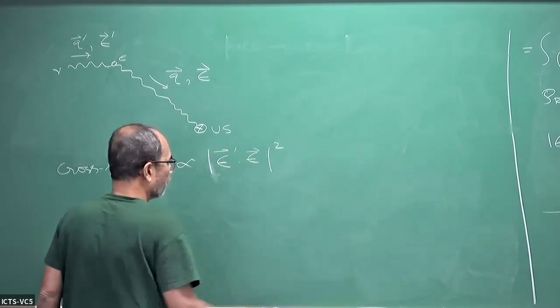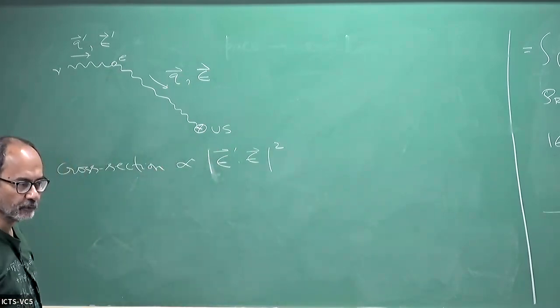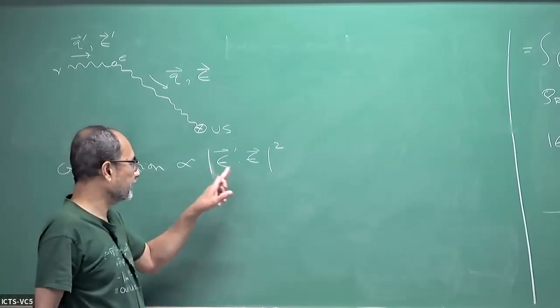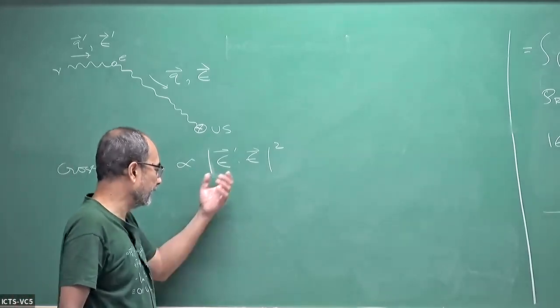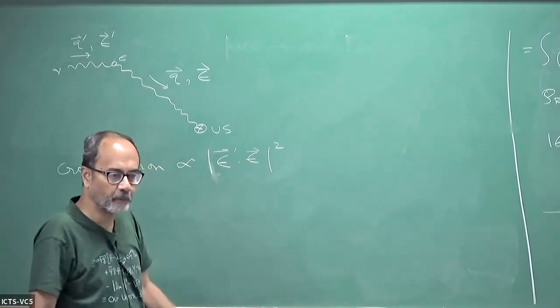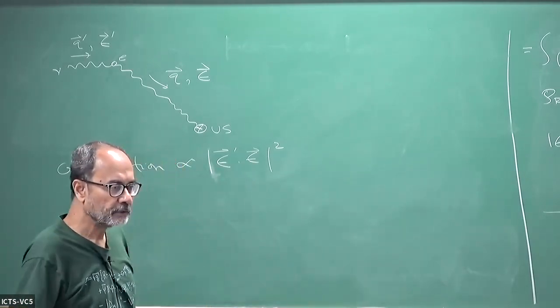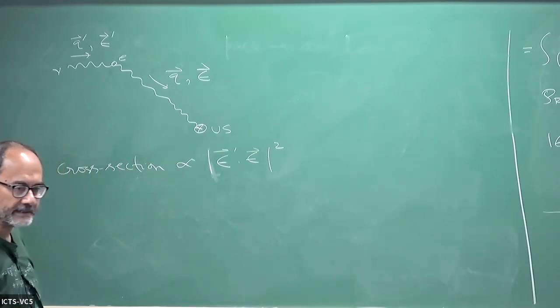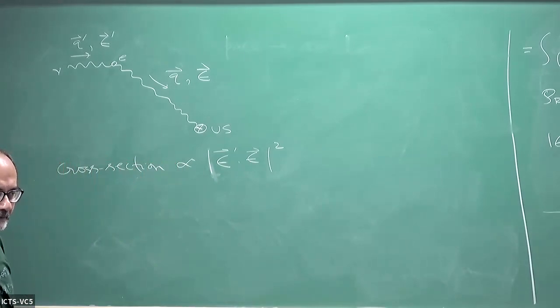If you want to use circularly polarized light, then this will have circular polarization, but otherwise we'll use linear polarization, so this complication will not be there. This is the way the cross section depends on the polarizations.